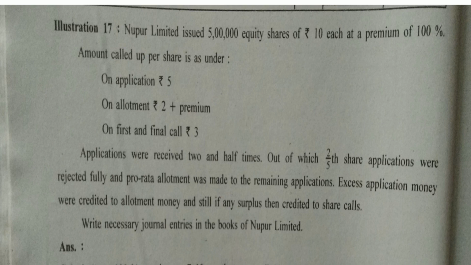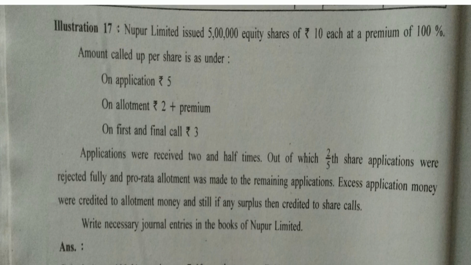So 100% of what? Of rupees 10. And 100% of 10 rupees is obviously rupees 10 again. So what is the issue price of this share? 10 plus 10. 10 rupees the face value, and another 10 rupees of premium.